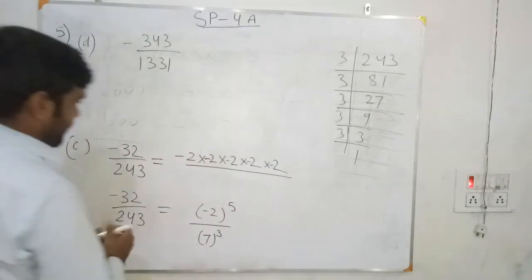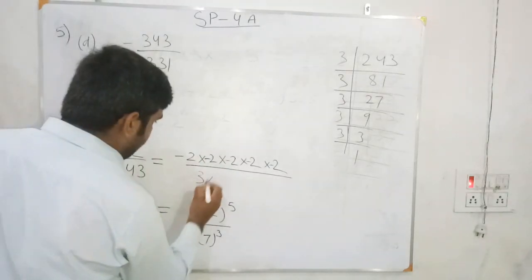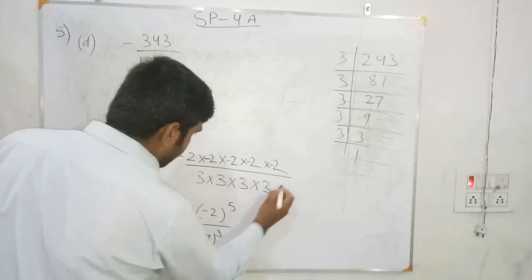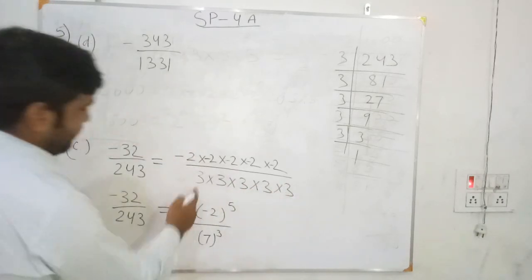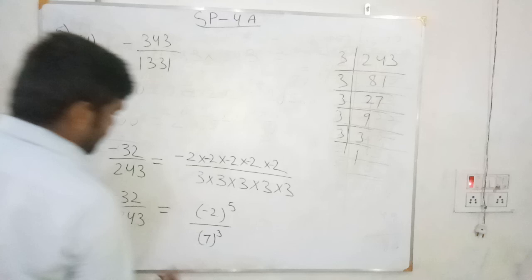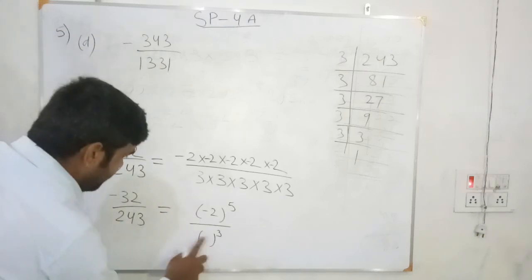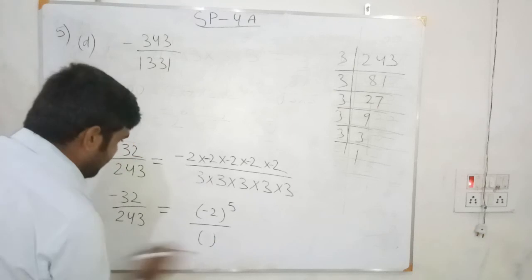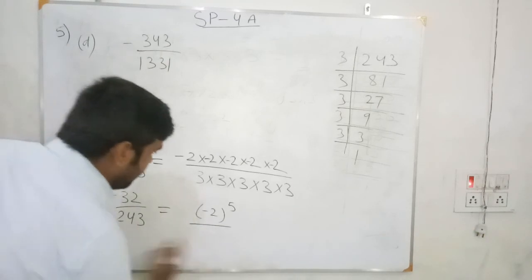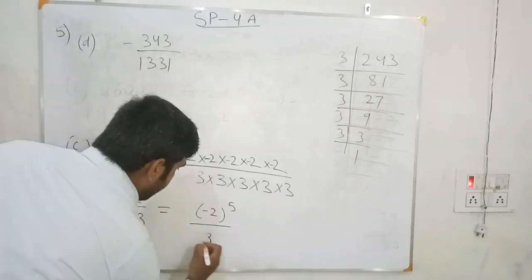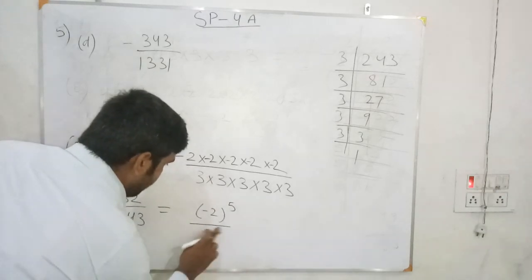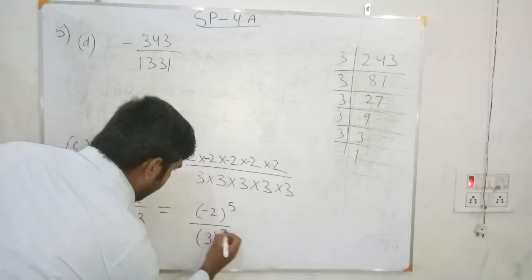So in this place you write 3 multiply 3 multiply 3 multiply 3 multiply 3, 5 times, 1 2 3 4 5. So in the place of 7 you write 3 to the power 5.